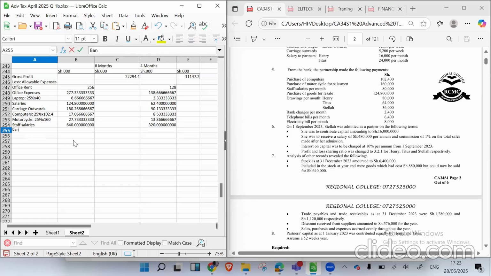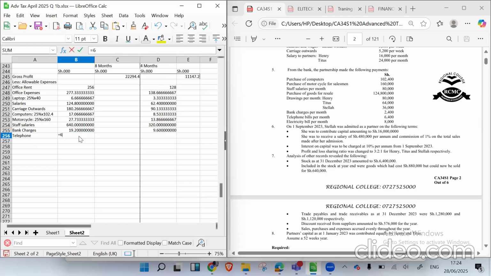We have bank charges per month, 2,400. That is 2.4 times 8. And 2.4 times 4. Do you have telephone bills? Yes, of 6.4. So telephone 6.4 na pia ni monthly.